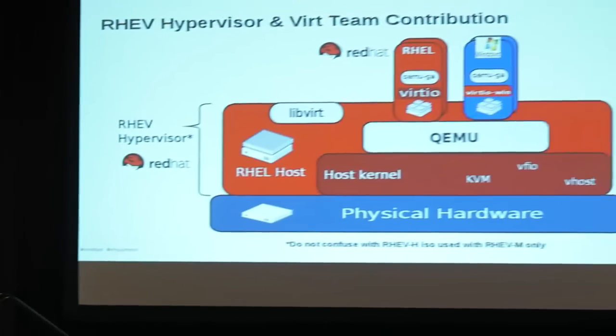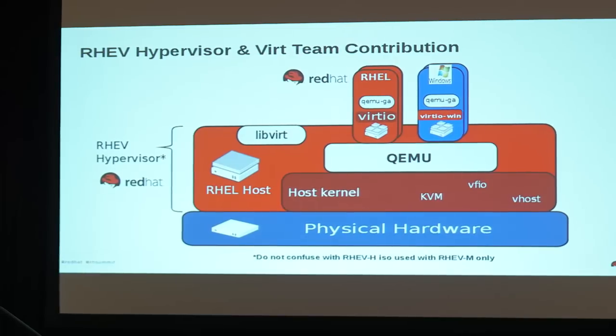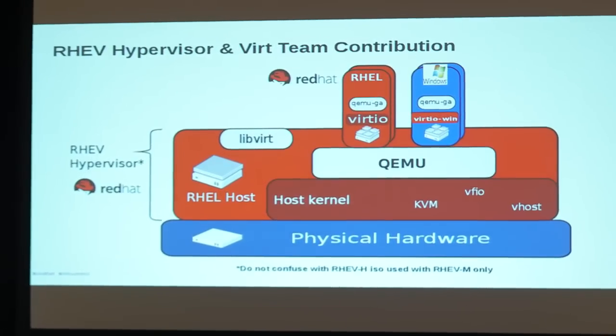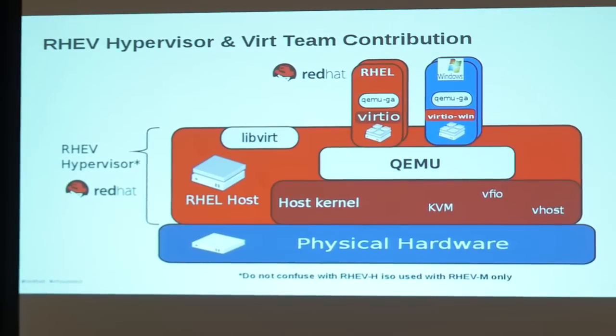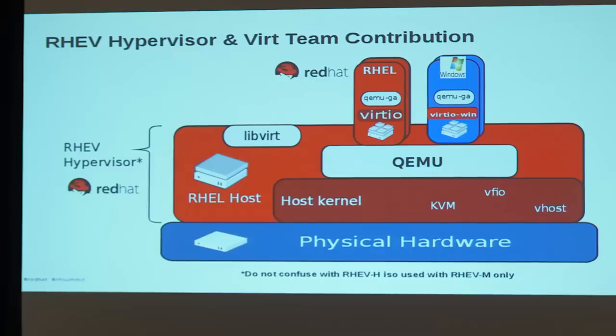So talking about what my team does, I'll start from the bottom up, because I'm kind of a kernel person. We work in pretty much all these components, starting with the kernel. The engineers on my team are upstream maintainers of KVM in the kernel, VFIO, which is the Virtual Function I/O subsystem in the kernel, and vhost.